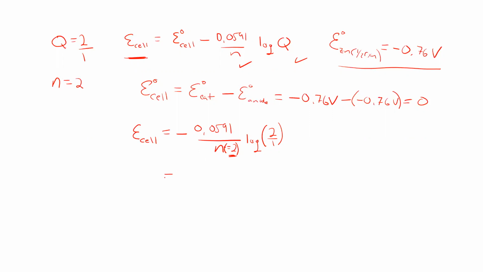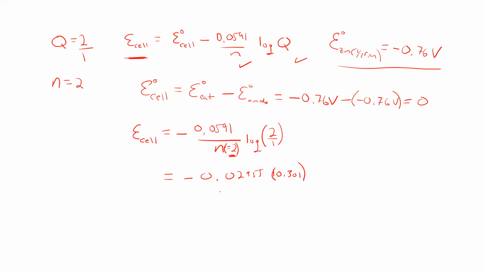And so you could just plug this in, do some math. You get negative 0.02955 times log of 2, which is 0.301.